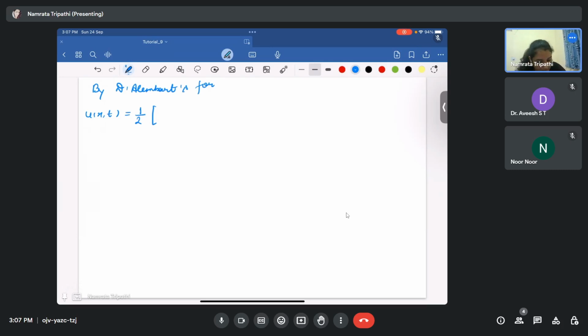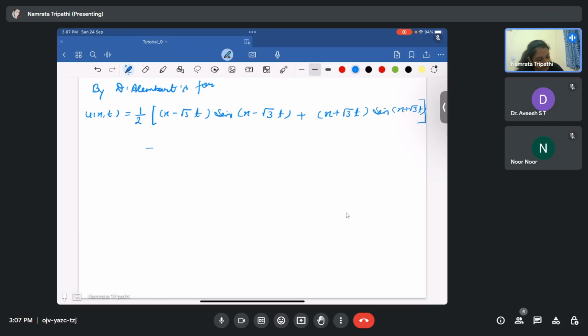f(x) is x sin x. So f(x - ct), meaning x minus root 3 t, gives (x - √3 t) sin(x - √3 t), plus (x + √3 t) sin(x + √3 t).